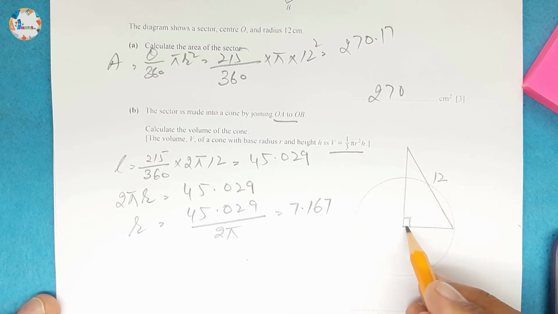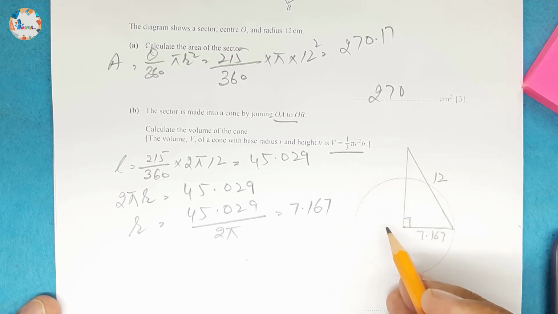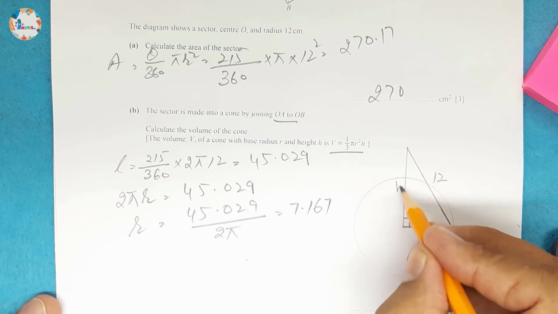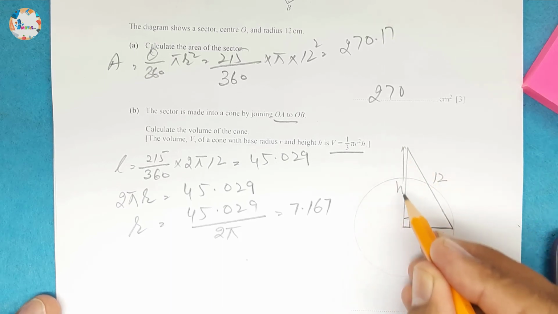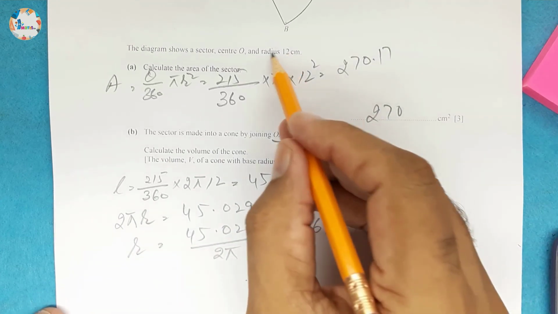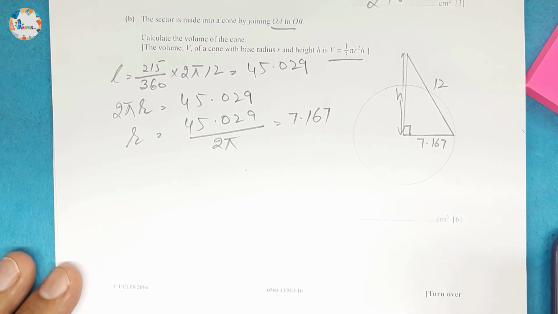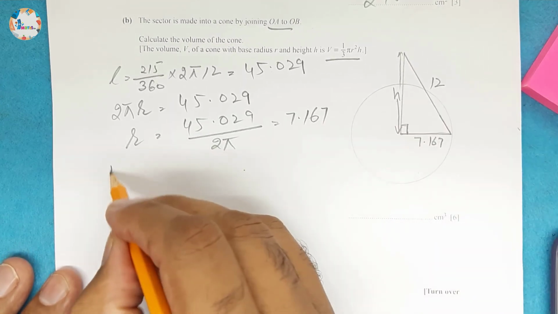And so the new radius of this circle will be 7.167, and now we can find height by Pythagoras theorem. So this is height of the cone, perpendicular height of the cone, because slanting height they have already provided in the question. So we will find h by Pythagoras theorem.